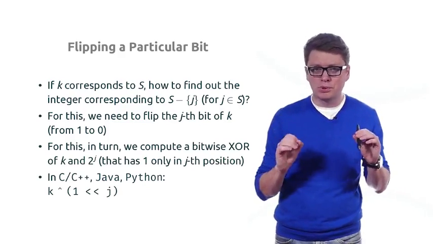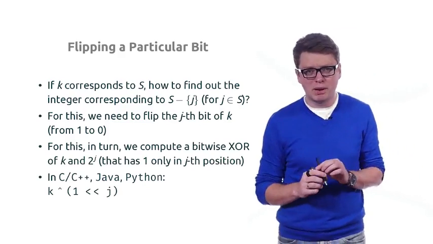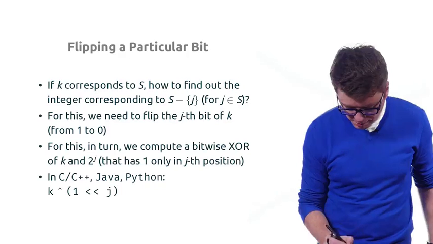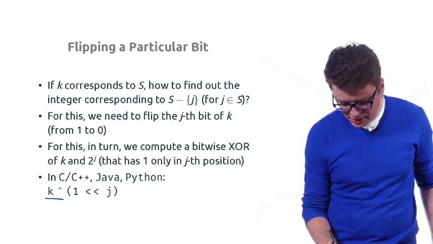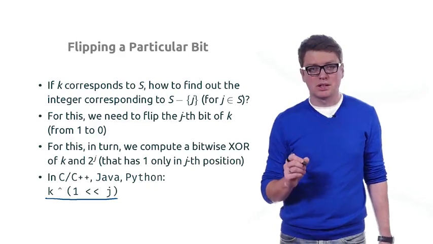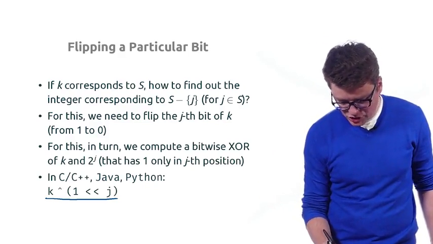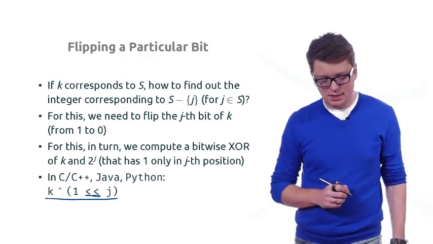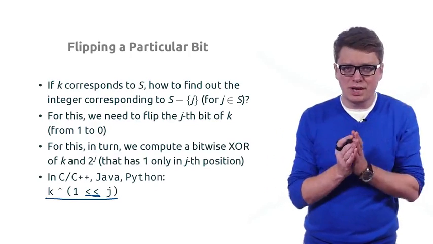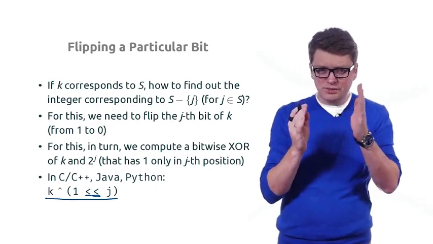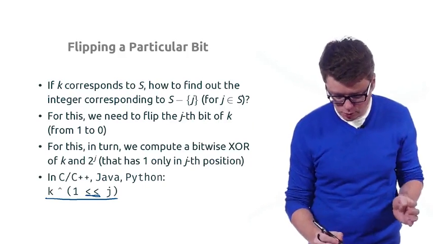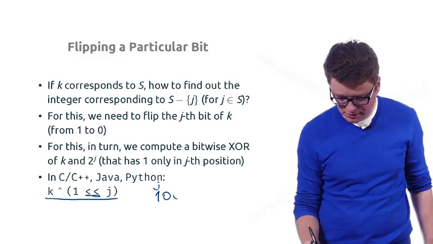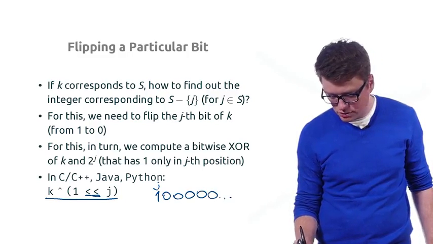In popular languages like C++, Java or Python, to flip the j-th bit of k, we need to compute the following strange thing. Let me try to parse what is written here. This is called a binary shift to the left. It can be understood as follows: we take the number 1 and we shift it to the left by j positions. What we get is a number like this: it has 1 in the j-th position, and here we have j zeros.